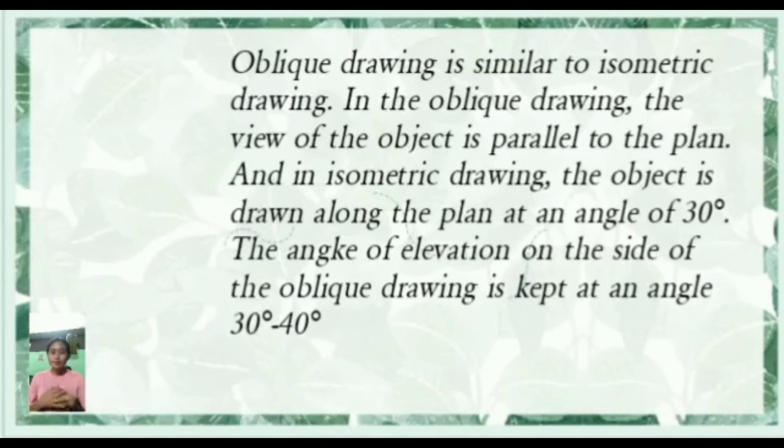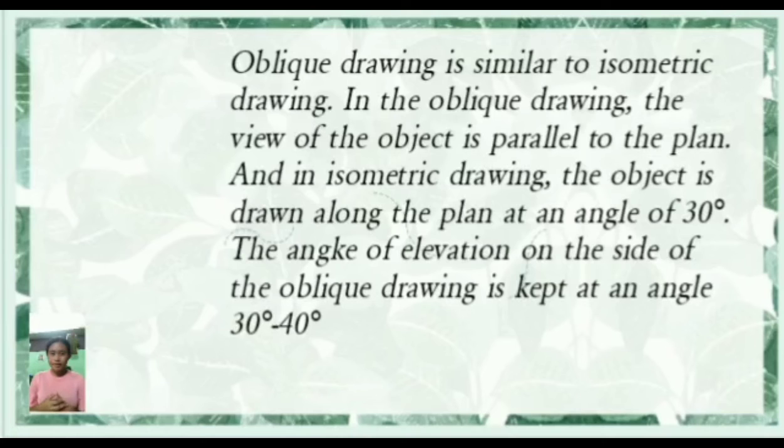Oblique drawing is similar to isometric drawing. In the oblique drawing, the view of the object is parallel to the plan, and in isometric drawing, the object is drawn along the plan at an angle of 30 degree. The angle of elevation in the side of the oblique drawing is kept at an angle 30 degree to 40 degree angle.